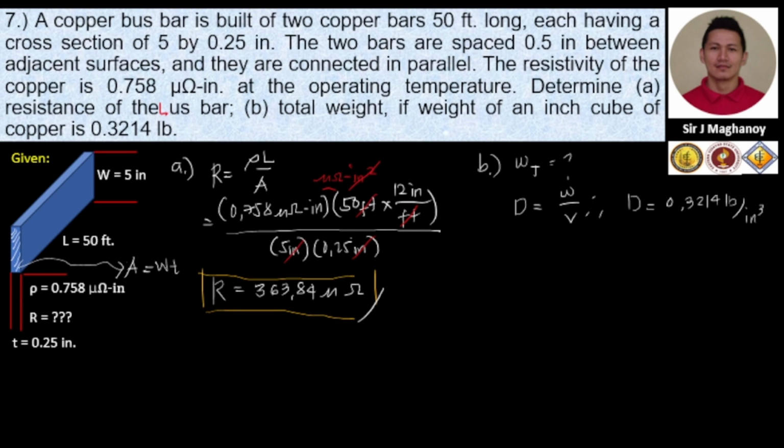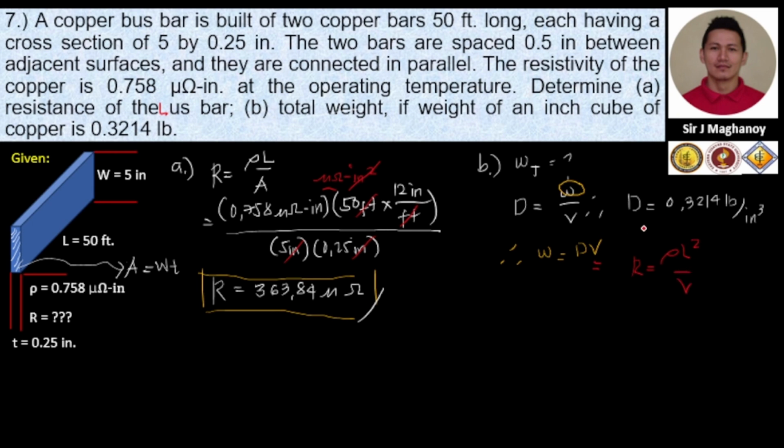So, since our unknown is the total weight, therefore, our total weight is equal to your weight density times volume. But wait, we need also to determine the volume. The volume, if we recall the formula for our resistance, our R is equal to the resistivity times length squared over the volume.